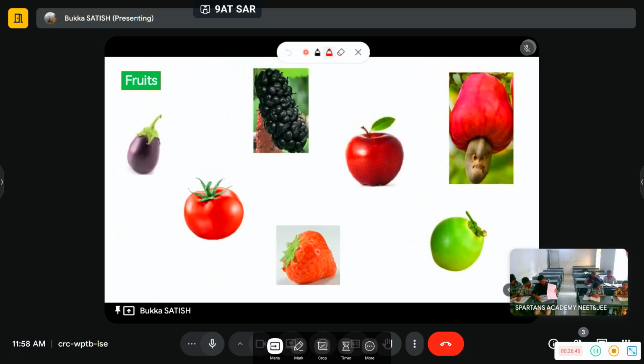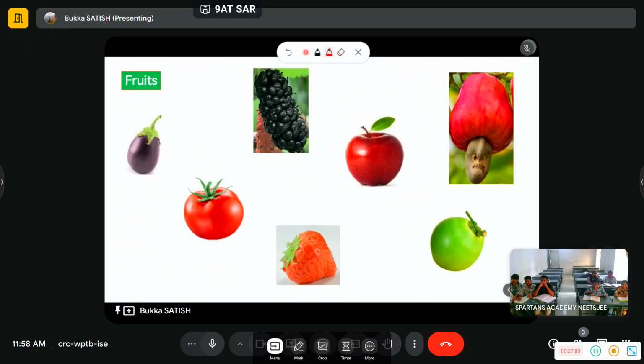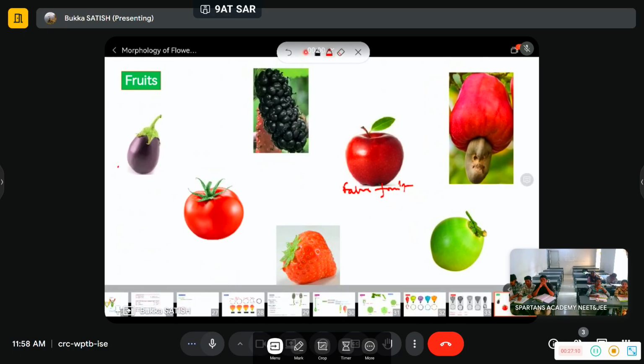Right. So if you just check this, can you tell me which are fruits in this, which are false fruits in this, which are not fruits at all? Okay. What about this first one?